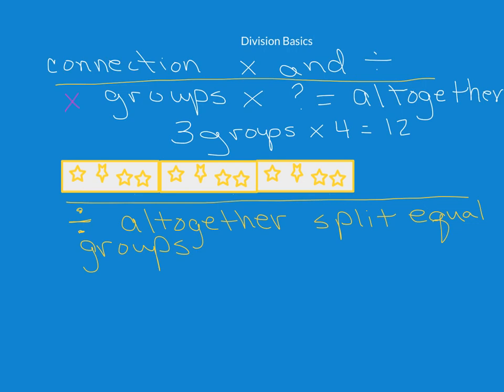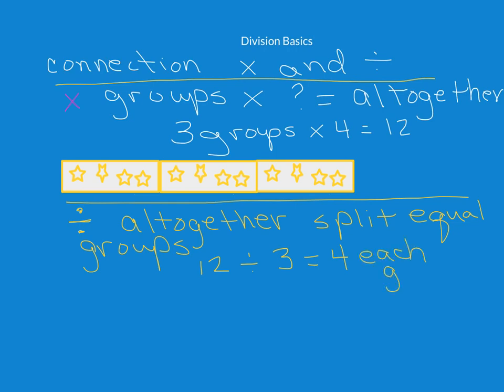So if we use our example from above, we start with the 12 all together, and we split it into 3 equal groups. And of course, there's 4 in each group.